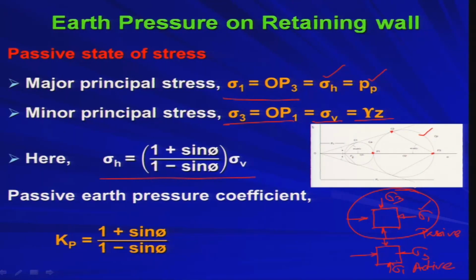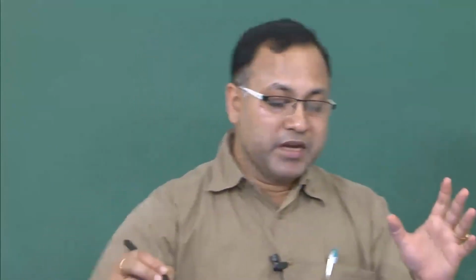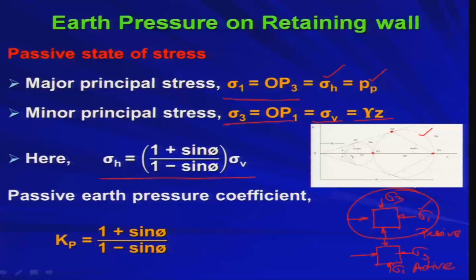Similarly, by a similar exercise to what we have done for the active state, by considering the radius and the distance from the origin to the center of the Mohr circle, if we satisfy all those things, we will get a relation between the lateral pressure and the vertical pressure like this: sigma h is equal to (1 plus sin phi) by (1 minus sin phi) into sigma v.